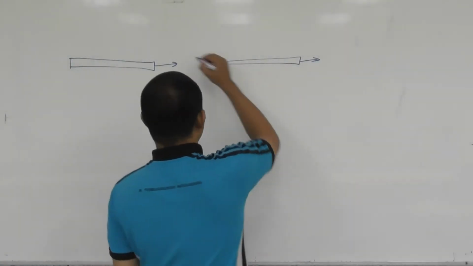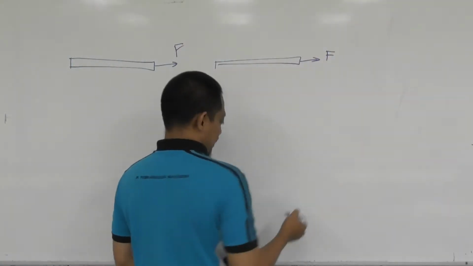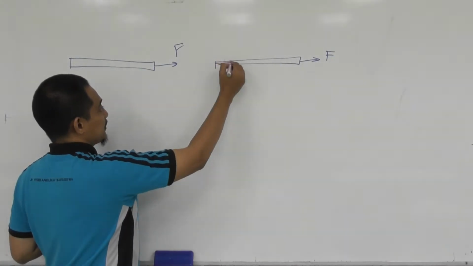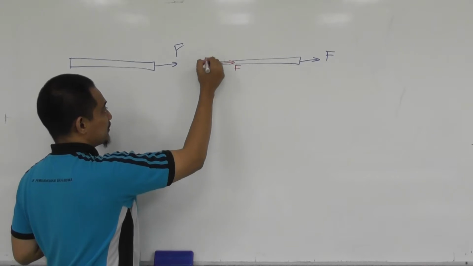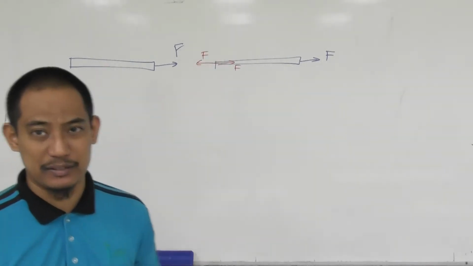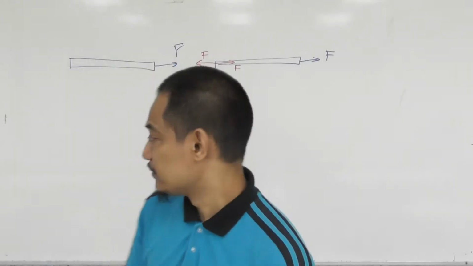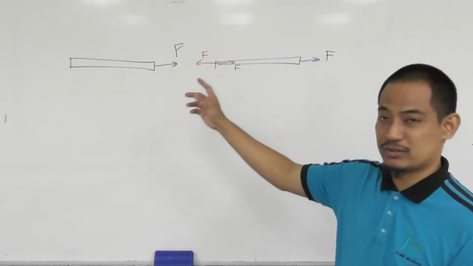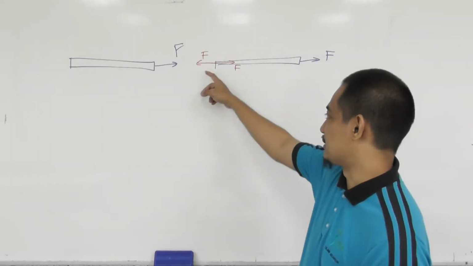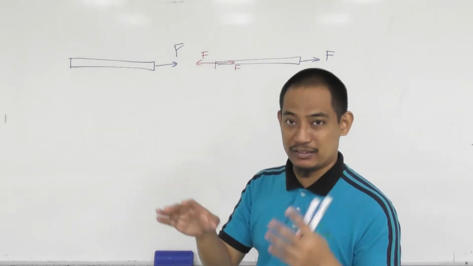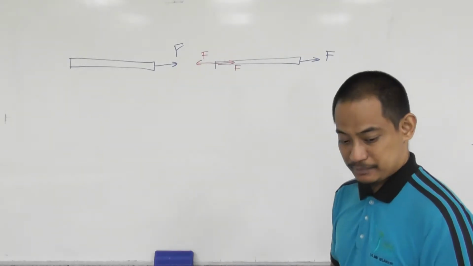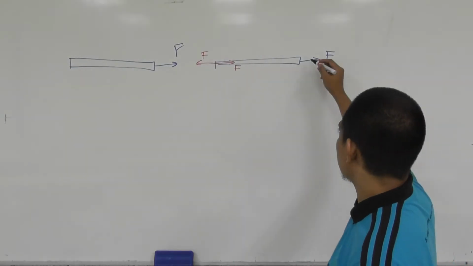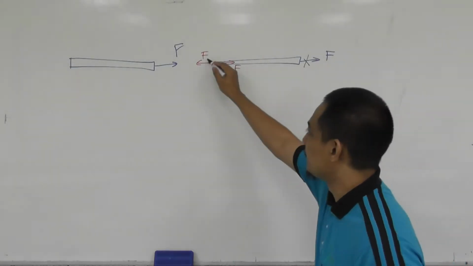Now, if I am to add a force here and a force here, do I actually change anything in terms of the effect? If I add to the right and to the left, is it changing anything to the structure? No, right? Because these actually cancel each other and it doesn't affect anything. Can I then cancel this one and this one?